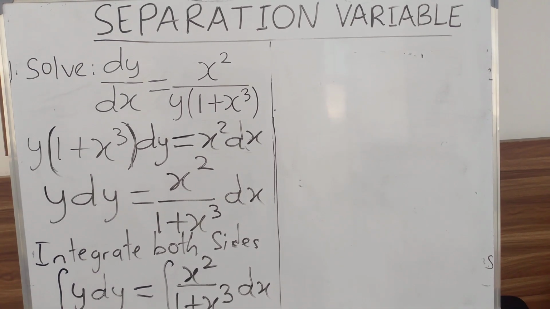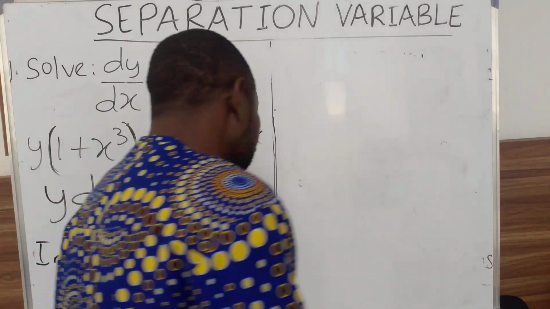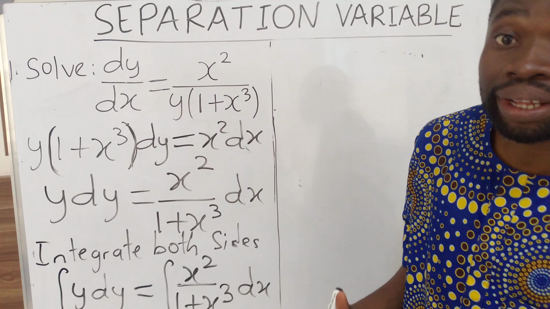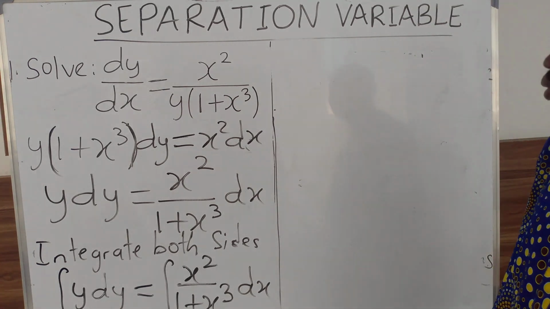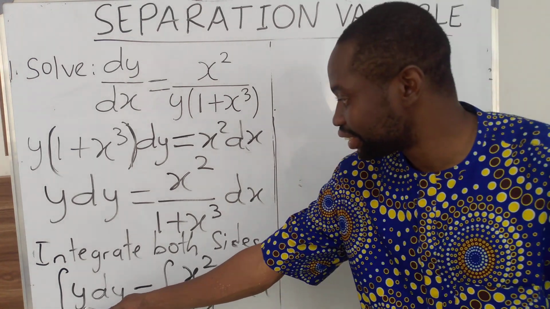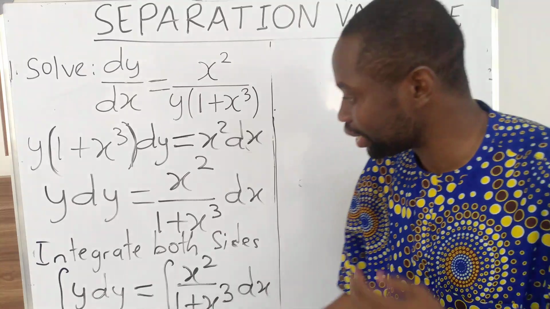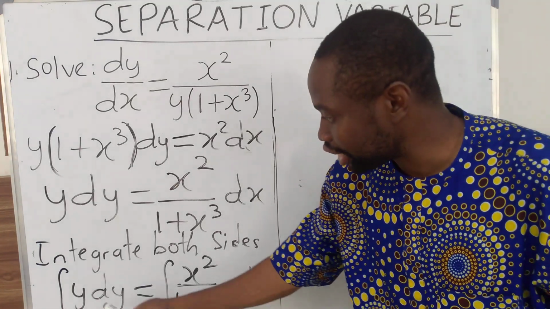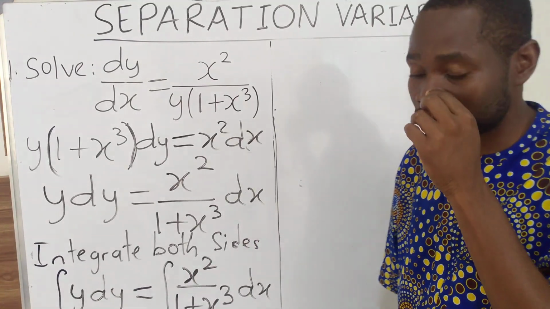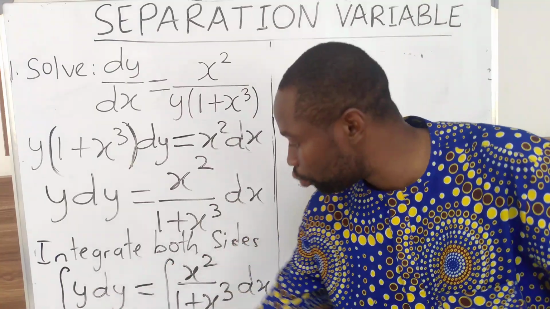Okay, so what's the next step? We'll now go and integrate using the general method of integration. If I integrate y dy, I'm going to add 1 to the power and divide by the answer. So it's going to give me y squared over 2.